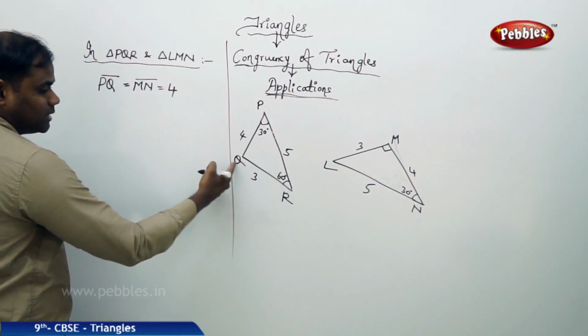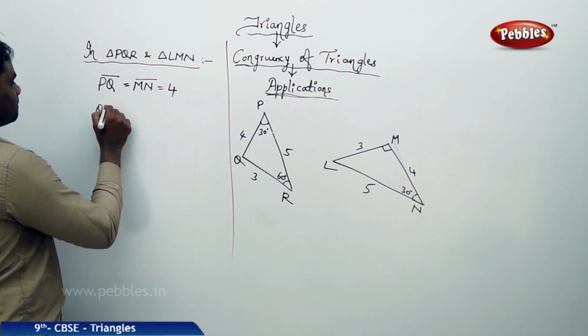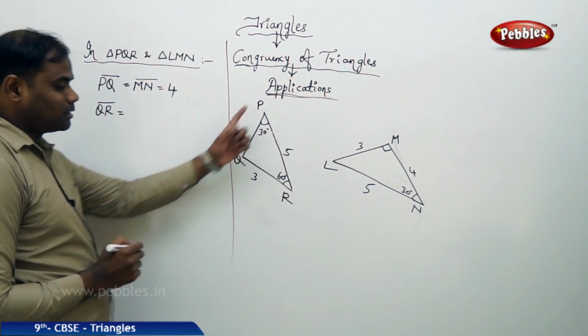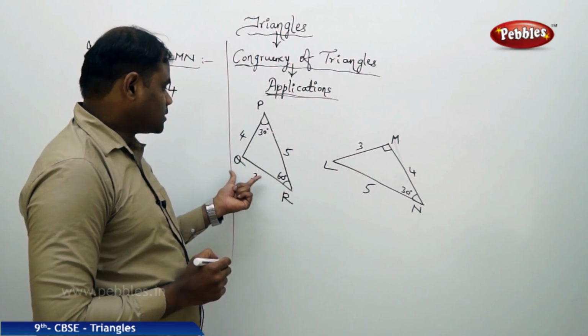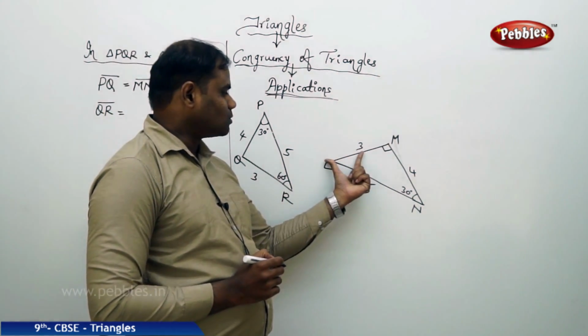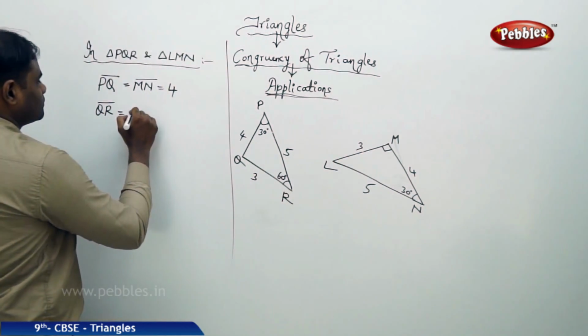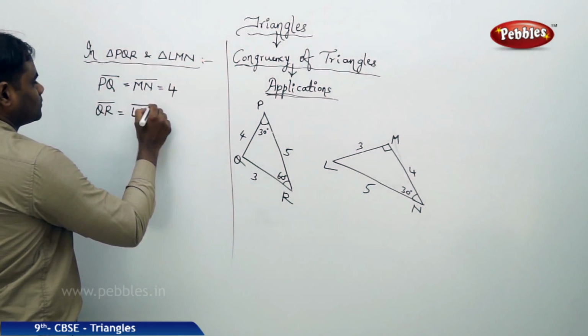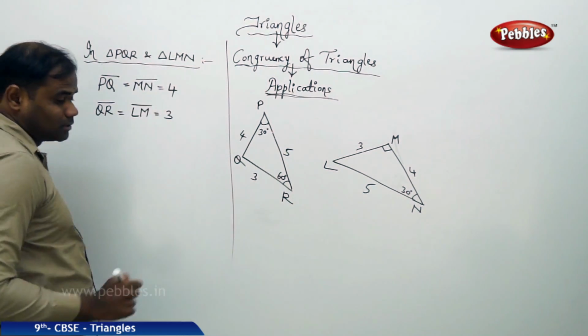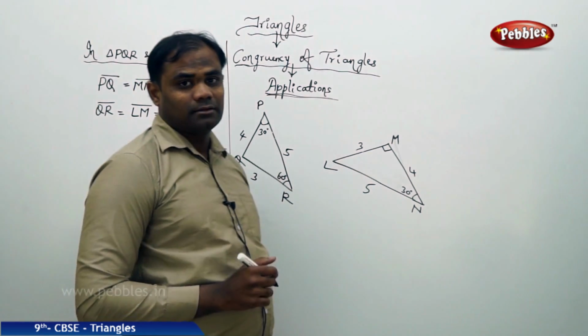Similarly, let me take the next side QR. The side QR of the triangle PQR, which is 3, its corresponding side LM also is 3. This is how we understand the second side.